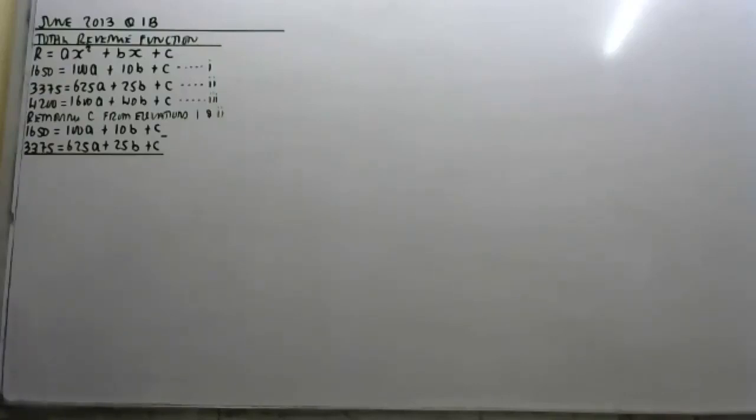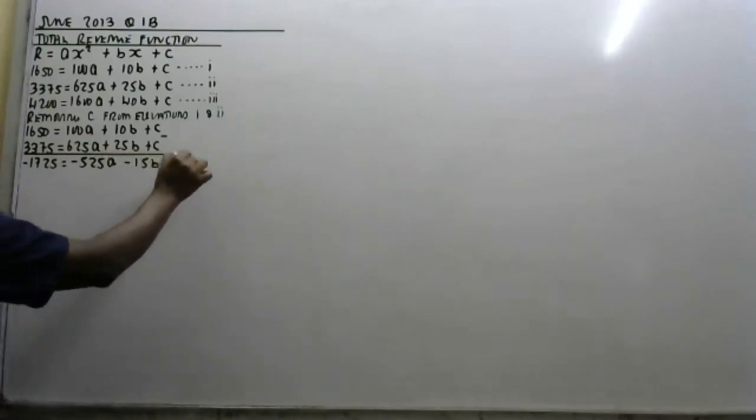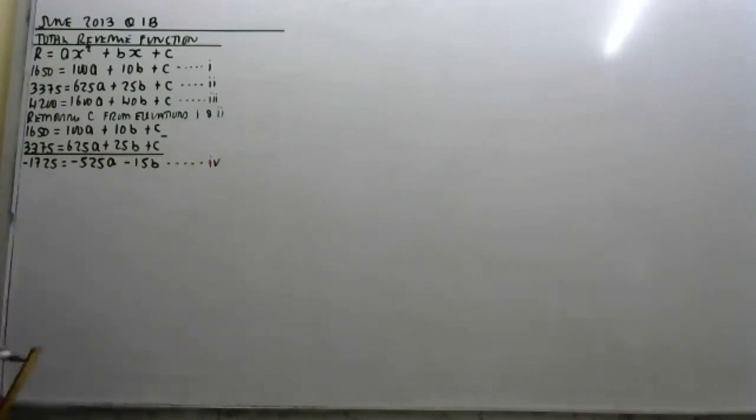So tell me now, 1650 minus 375. Negative 1725. 100 minus 625 is negative 525A. And then 10 minus 25 is negative 15B. This one you call equation number 4.